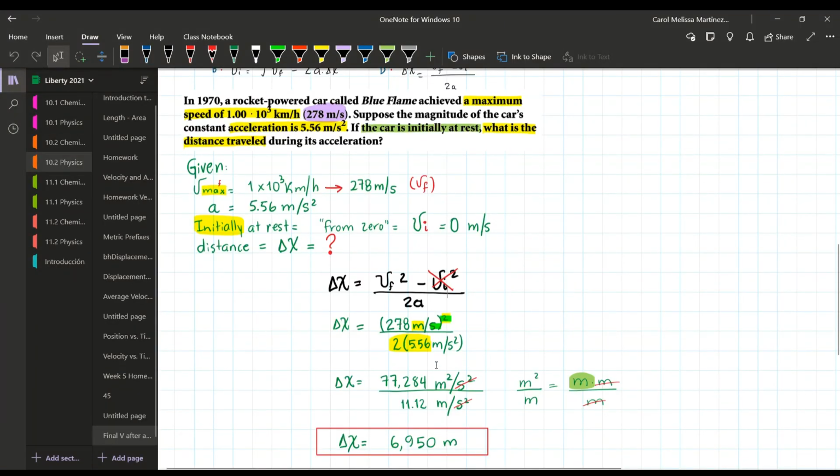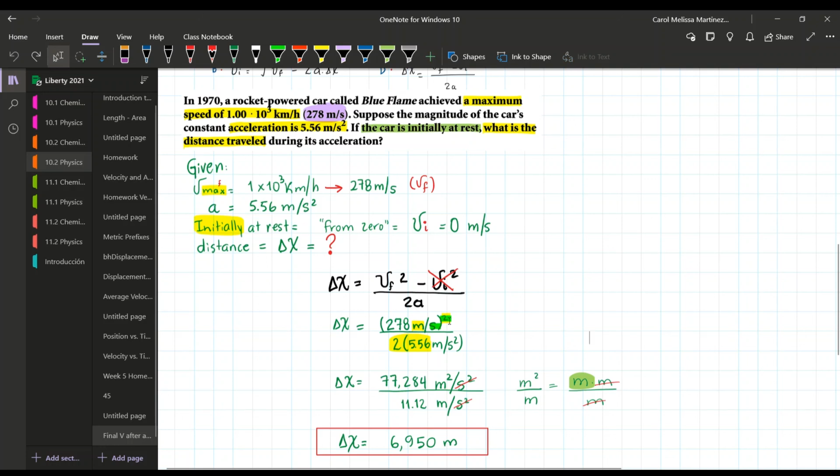In this exercise, when you plug in the givens, the initial velocity, which is 0, you can get rid of it, okay? So the final equation is just VF squared divided by twice the acceleration. This is exactly what you have over here. 278 raised to the second power gives you 77,284.